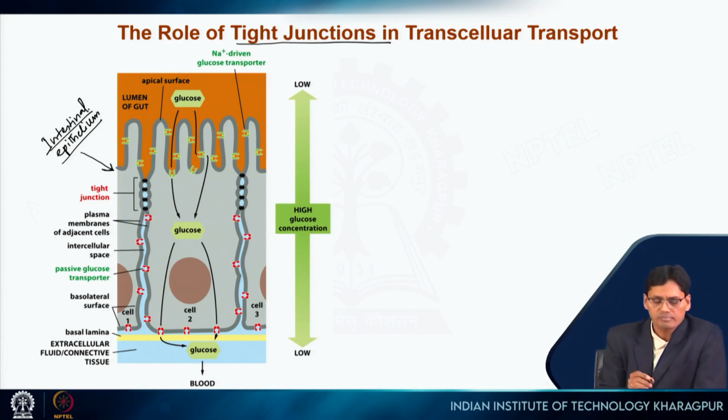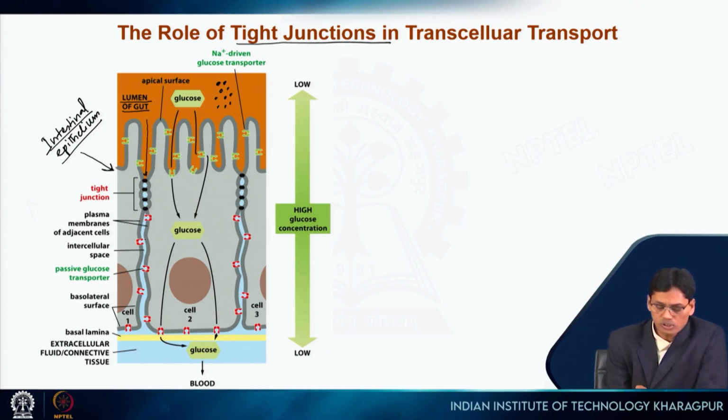So now, you can see this is the lumen of the gut. Through the apical side, you have some molecules here, nutrients, water, all those things present inside the intestine. But they can easily pass here.